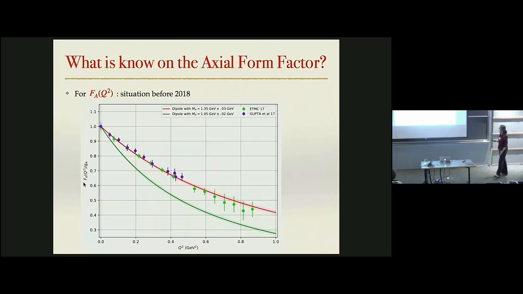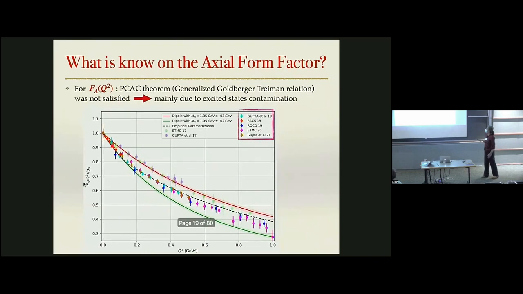And after 2018, it was found that there was a problem with the PCAC, as you heard this morning. PCAC, or the generalized Goldberger-Treiman relation, was not satisfied, and they found that it was mainly due to excited state contamination.